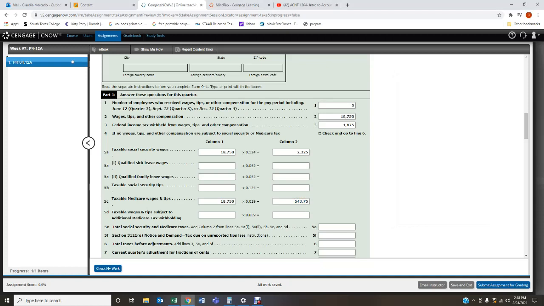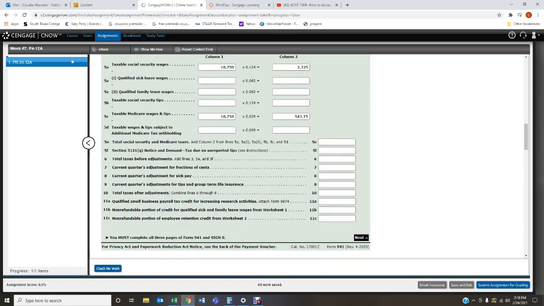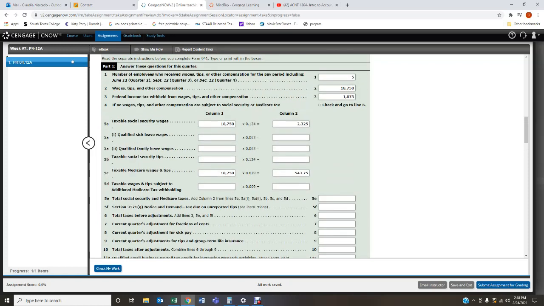Taxable wages and tips subject to additional Medicare tax withholding. We didn't have anything that had additional Medicare tax withholding, so we can skip that. Now line 5E says at column 2 from lines 5A, you're going to add all of these column 2s right here and you're going to put the total right there.